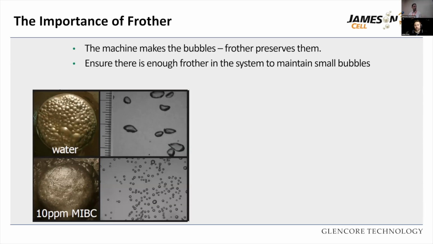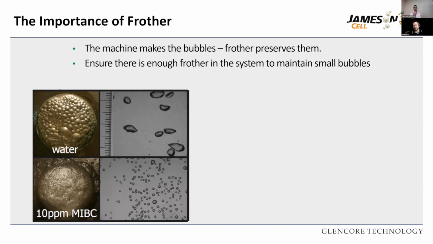So now just talking a little bit about the importance of frother, because this goes hand in hand with the Jameson Cell's ability to produce fine bubbles. Essentially the Jameson Cell, no matter what, will produce fine bubbles.